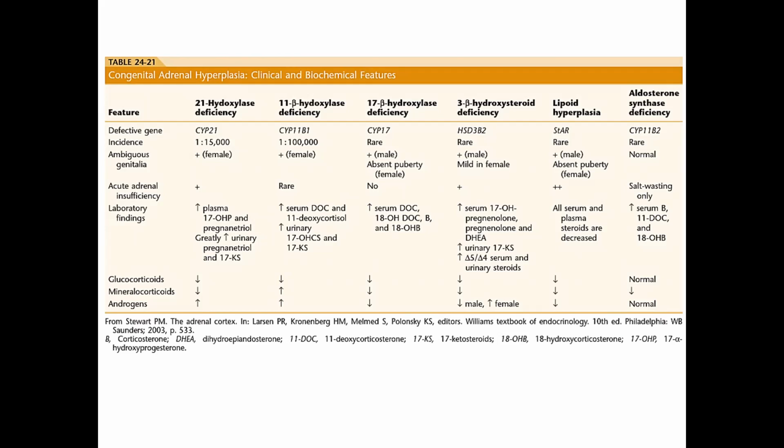So the clinical presentation depends on the affected enzyme. 95% of congenital adrenal hyperplasia cases are a result of 21-hydroxylase deficiency. So 21-hydroxylase deficiency is the most common reason for your congenital adrenal hyperplasia.